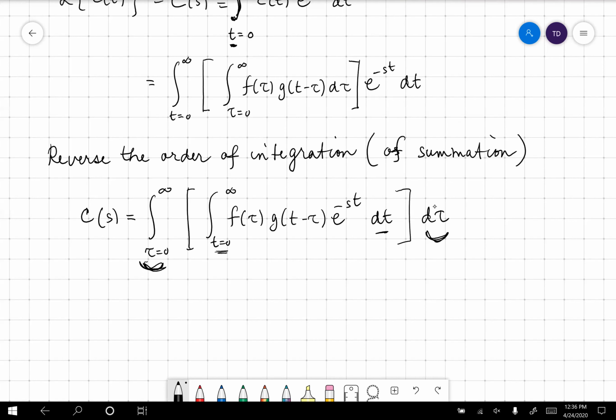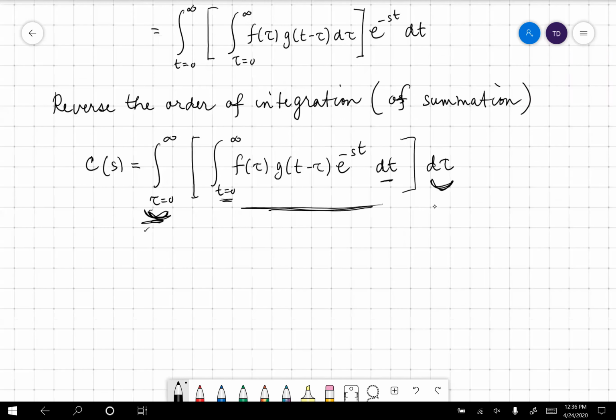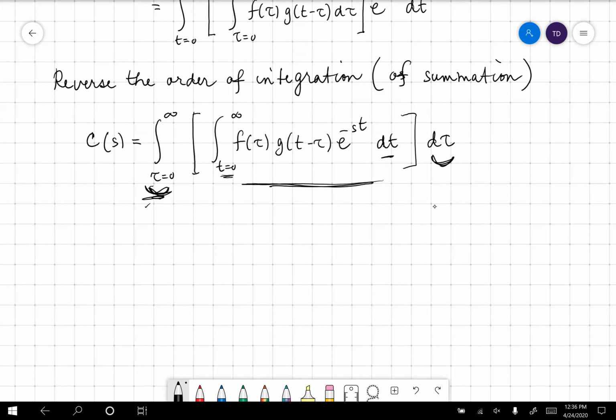So I've got an inner integral. This is the inner integral. And then I have an outer integral. And this is the outer one. All right. Now, take a look at that. Take a look at the inner integral and tell me what is not a function of t in the inner integral.